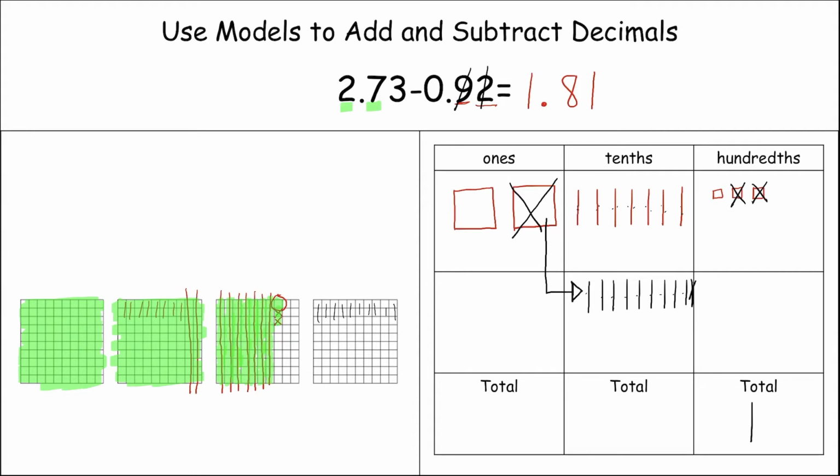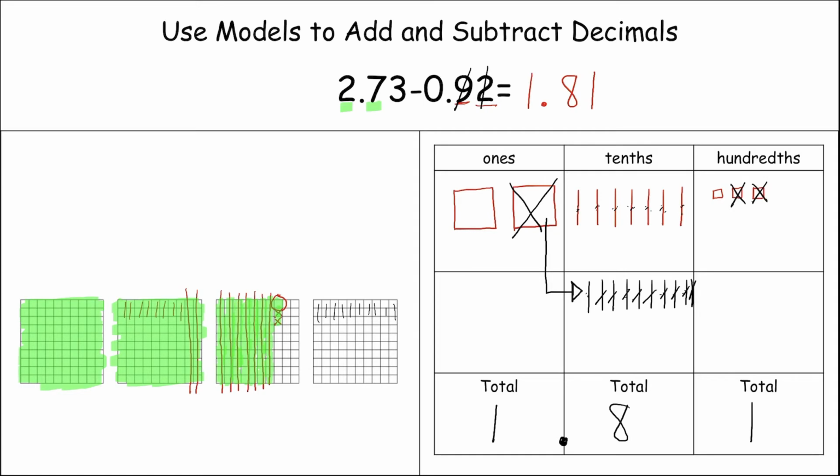Yes, I can. 1, 2, 3, 4, 5, 6, 7, 8, 9. How many are left? 1, 2, 3, 4, 5, 6, 7, 8. Put our decimal point down. And how many ones are left? 1. And our final answer, 1 and 81 hundredths.